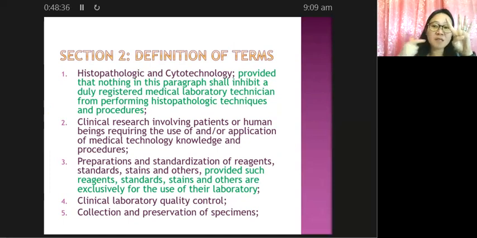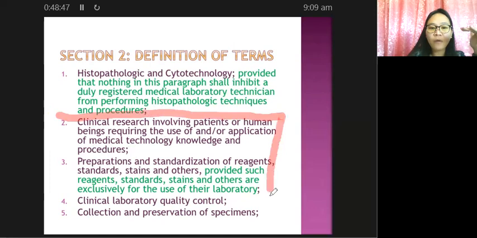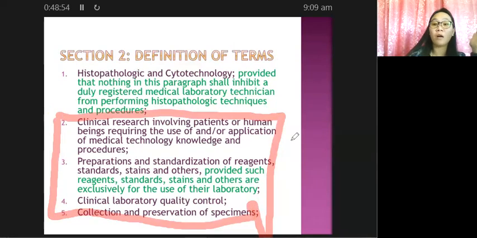So it removes the exclusivity of these procedures as part of the work of a medical technologist. That means it is not only the medical technologist who is allowed to perform these.